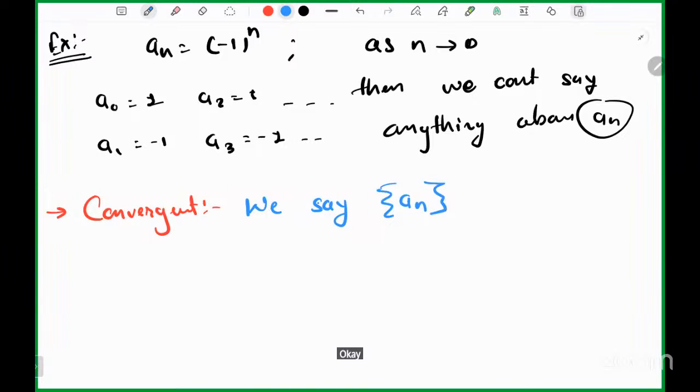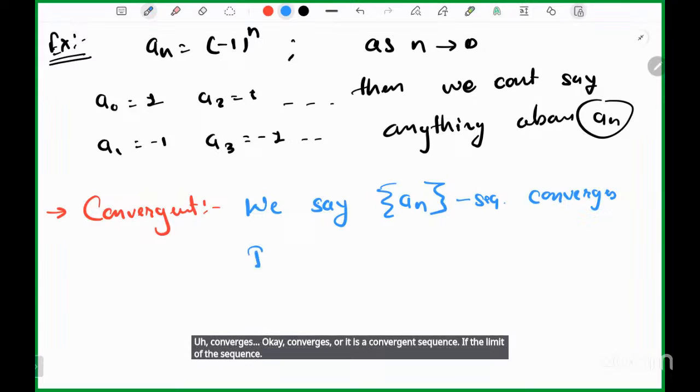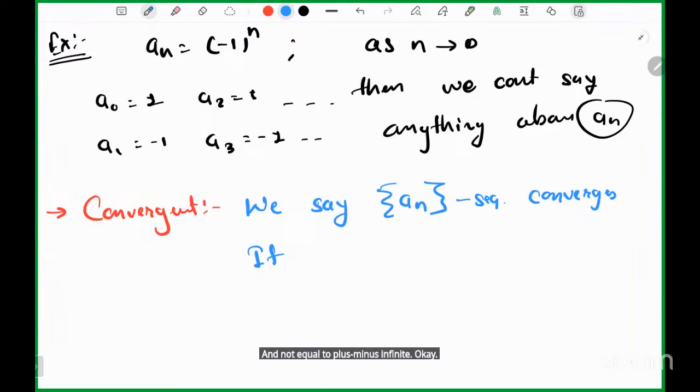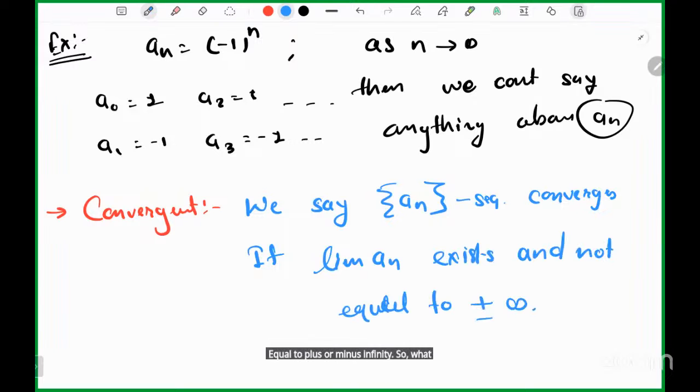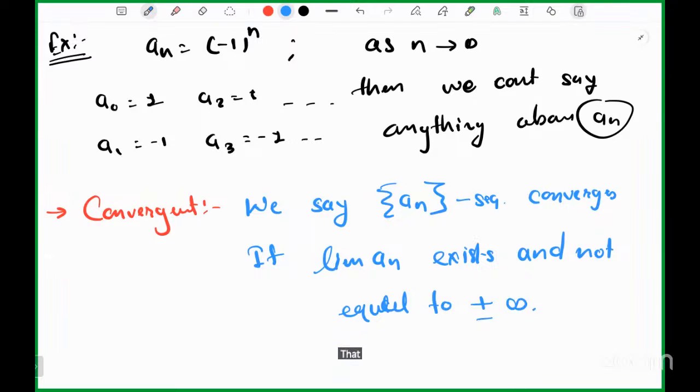We say a sequence converges, or is a convergent sequence, if the limit exists and is not equal to plus or minus infinity. A sequence whose limit exists and is not plus or minus infinity is known to be a convergent sequence.